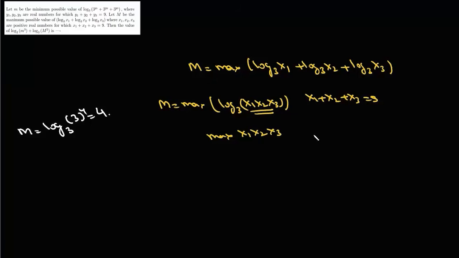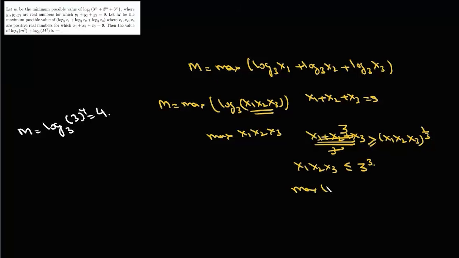Now again, we have to use AM-GM, so we can write (x1 plus x2 plus x3) whole divided by 3 is greater than or equal to (x1 x2 x3) whole to the power 1 by 3. Now this is 9, and 9 by 3 is 3. So x1 x2 x3 will always be less than or equal to 3 cube.